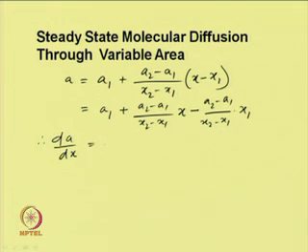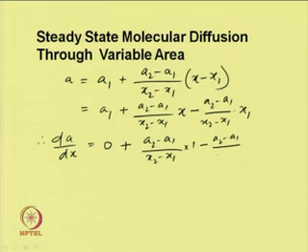Since this is constant, this will be 0 plus (A2 minus A1) by (x2 minus x1) into 1, minus (A2 minus A1) by (x2 minus x1) into 0.